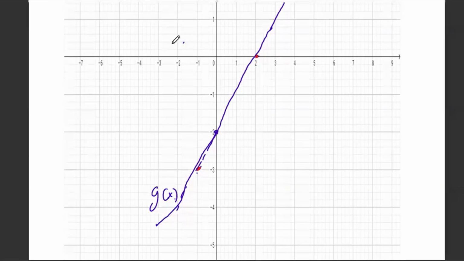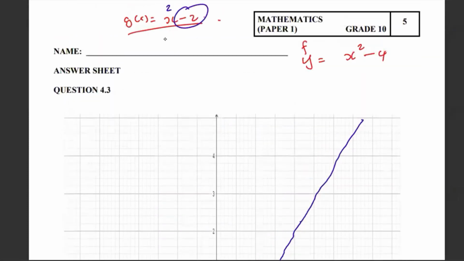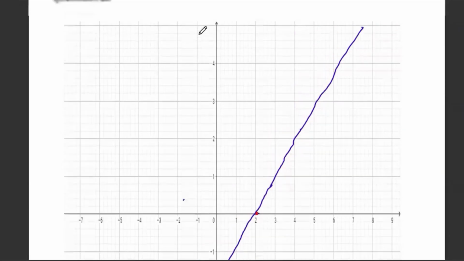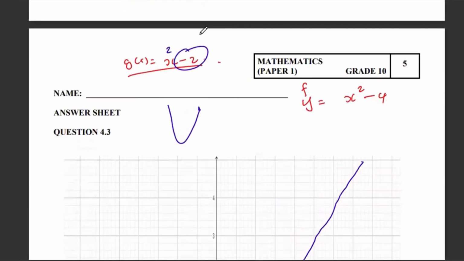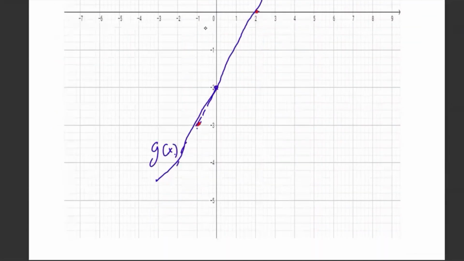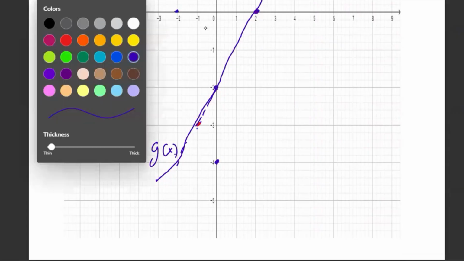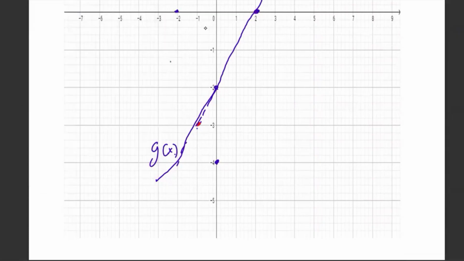Then our parabola, the a is positive, which means it's supposed to be a smiling parabola. So it's passing through negative 4 at the bottom here, meaning that it must go here and must also go through that point. Let me use green.